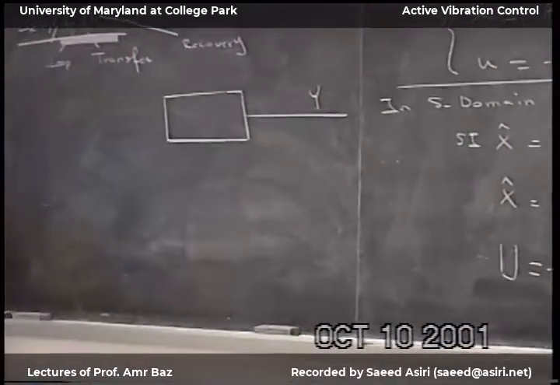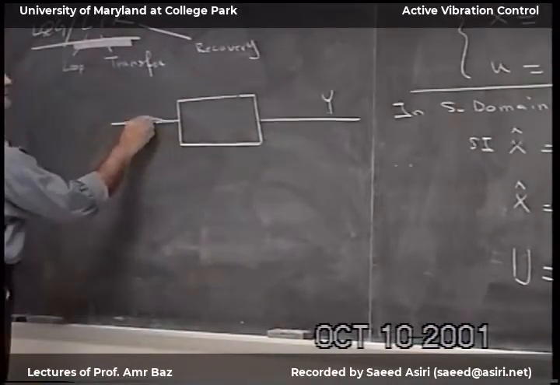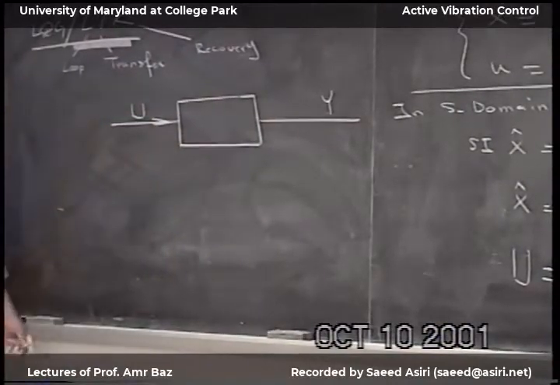This is my system, and this is the y that I will get. This is the u that I'll put in the system.